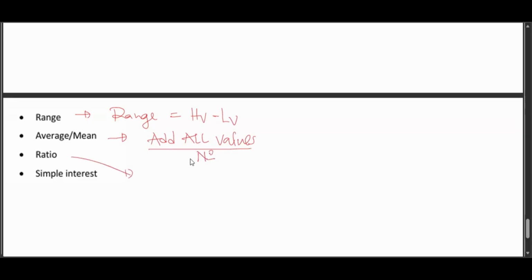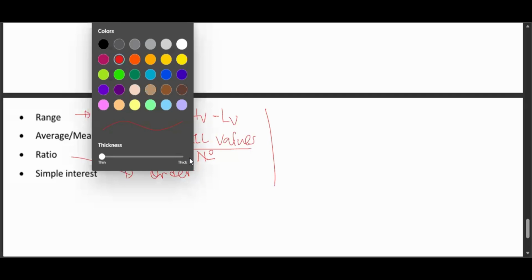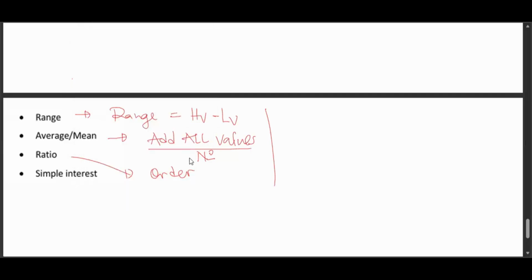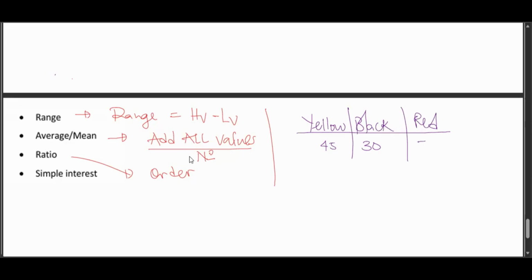Then ratio, please, ratio. Always take the order. What do I mean by the order? If they say yellow has 45 people, black has 30 learners, then we have red. I'm talking of houses. Red has, let's say, 50.